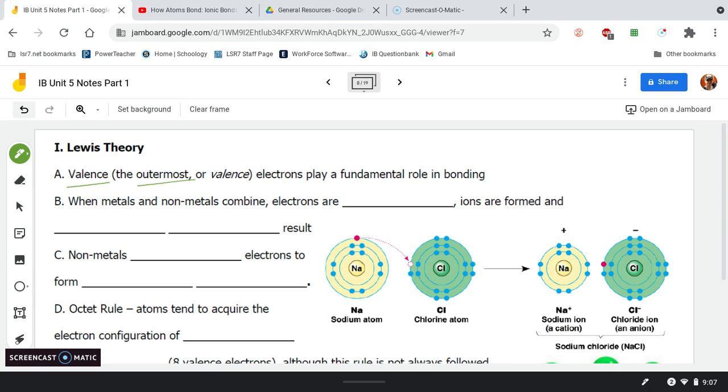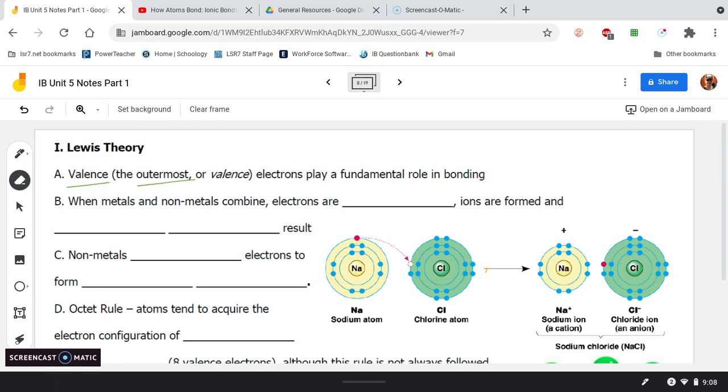In the diagrams with sodium and chlorine, the only electrons that matter are this one electron on the outside of sodium and these 7 electrons on the outside of chlorine. Chlorine has 17 electrons, but only 7 are important in bonding. That's the valence: the electrons on the outside.